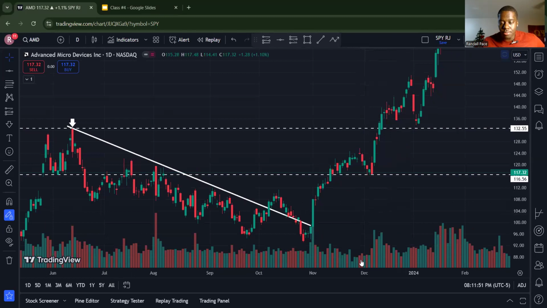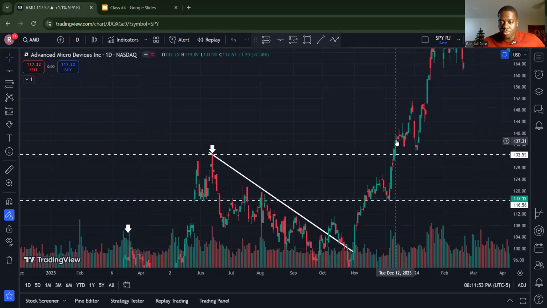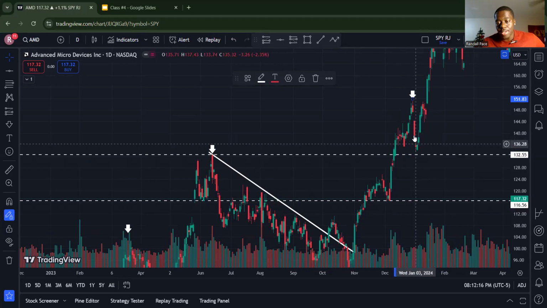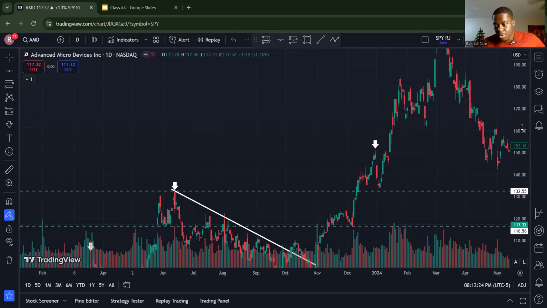Then as you break out here, finally make another high. Pulls back down. I wouldn't be mad if you kind of stopped out there, really, because at this red candle before it got pushed back up, anything above this level would have been fine, but it's a little tougher. That's when AMD just really started going crazy.